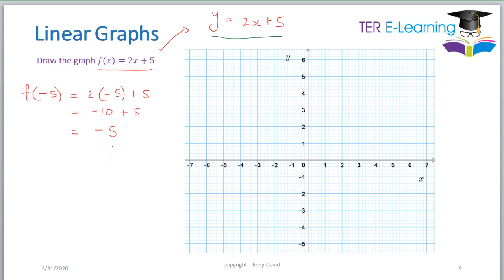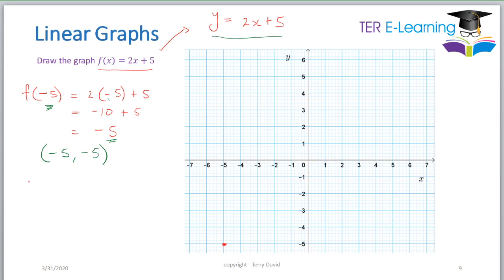You are going to plot the point minus 5, minus 5, right? This first minus 5 refers to this one, and the second minus 5 refers to this one. So I go to my graph and I try to find the point minus 5, minus 5. If I come down here, the point minus 5, minus 5 is actually this point here, right? That's the point minus 5, minus 5.